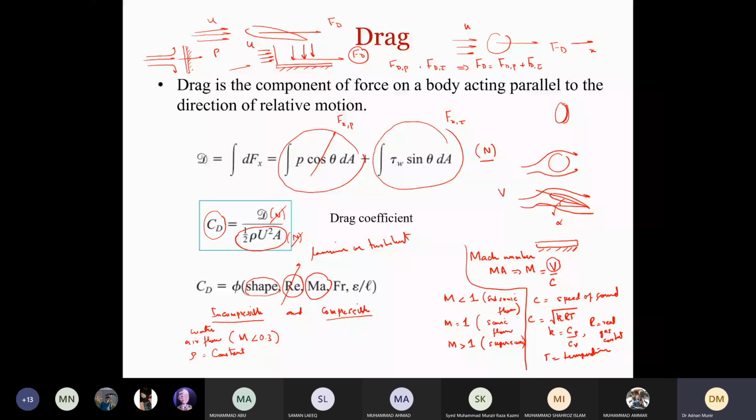Now air flows at high speeds. Mach number less than 0.3 means low speeds, subsonic flow, right? But now air flows at high speeds when Mach number is greater than 0.3. In that case, the density variations cannot be neglected.